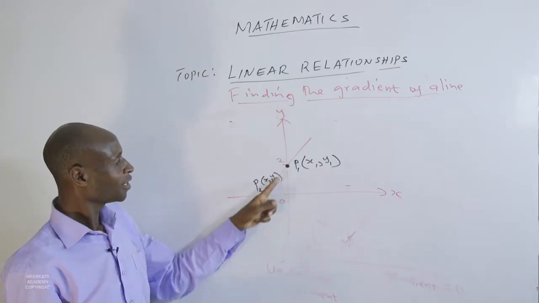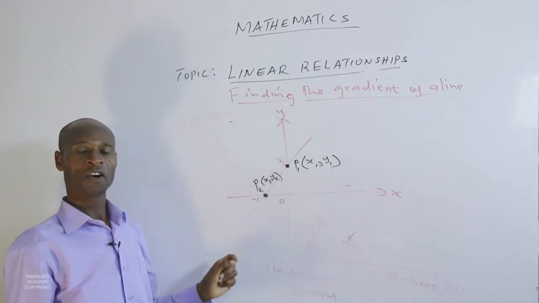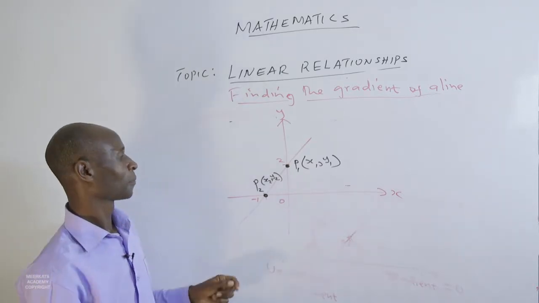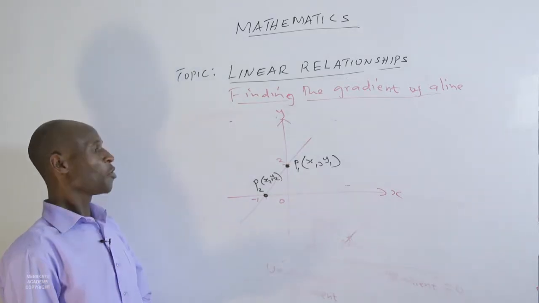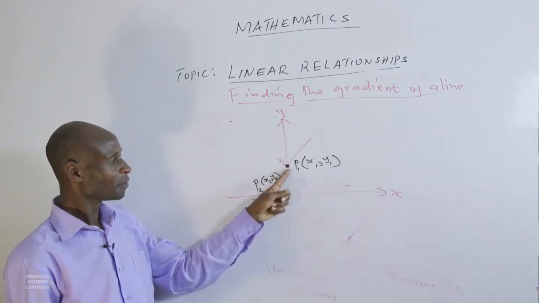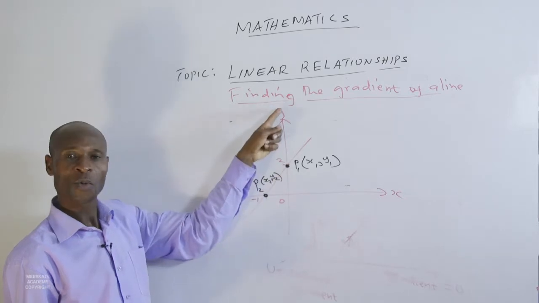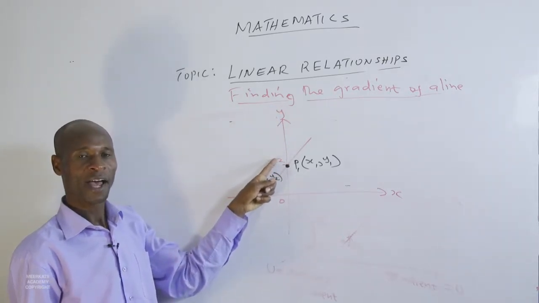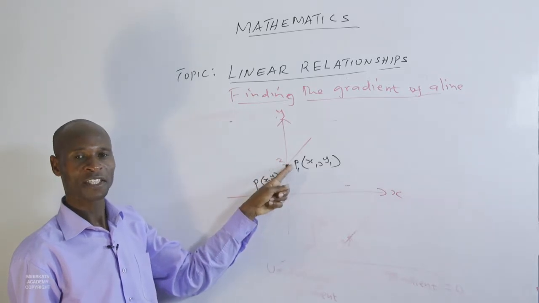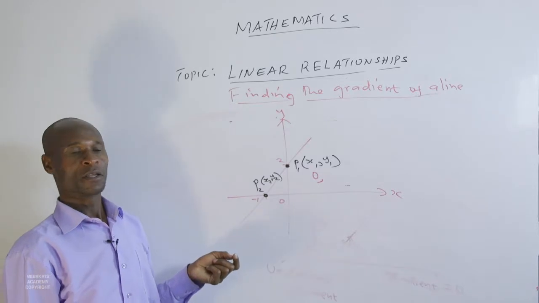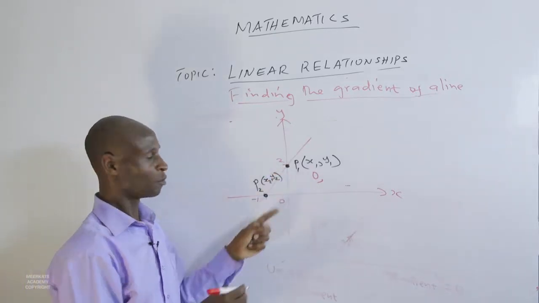Now, what is the coordinate of point P1? I believe you have noticed that the coordinate of P1, first of all, is a point where the graph is cutting the y-axis, and therefore the x-coordinate is 0. The y-coordinate is 2.